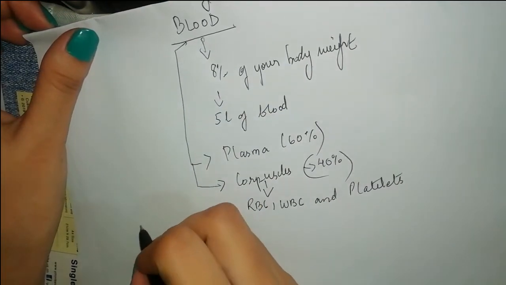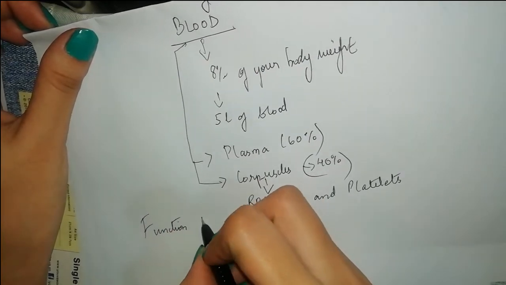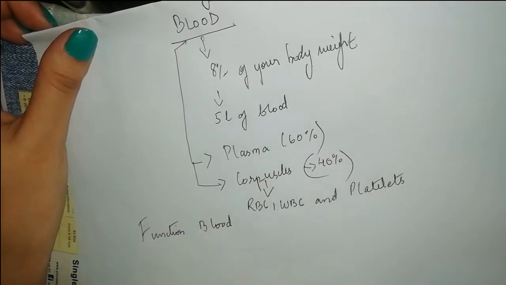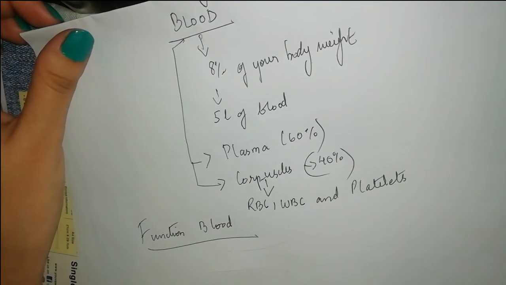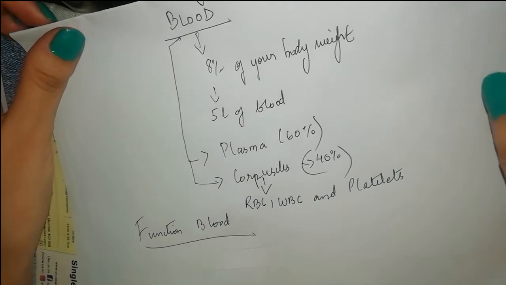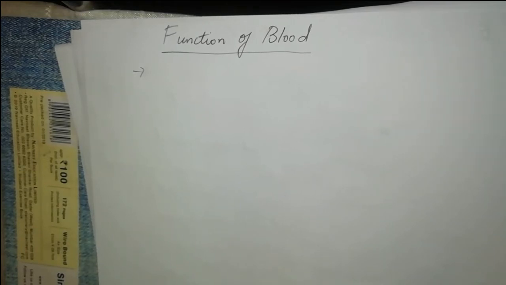Now let's move on to the function of blood. What role does blood play in our body? Function of blood. The first function of blood is that it helps in transporting digested food materials such as glucose, amino acids, and fatty acids from the intestine to all the body cells.